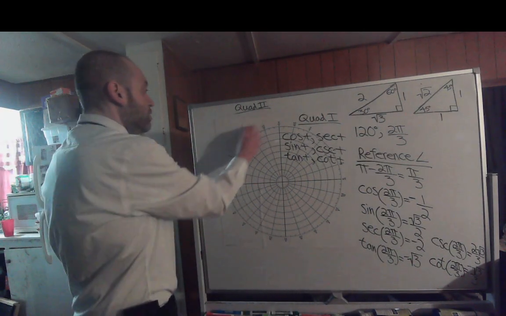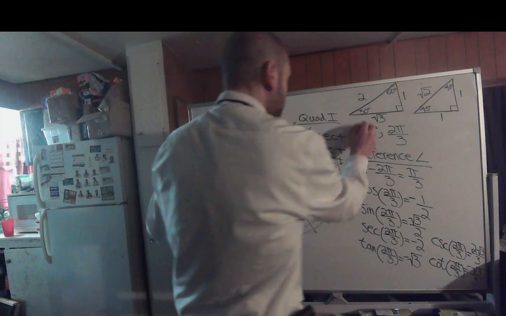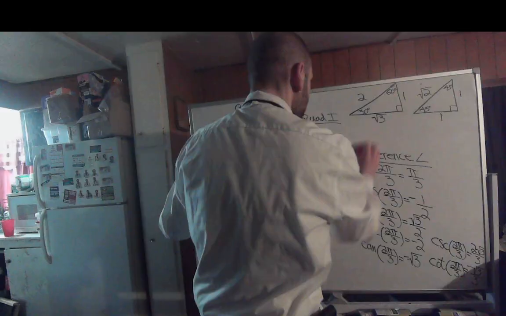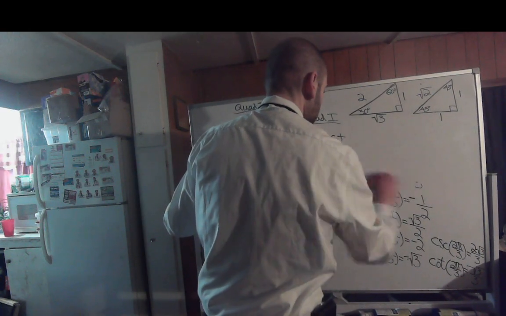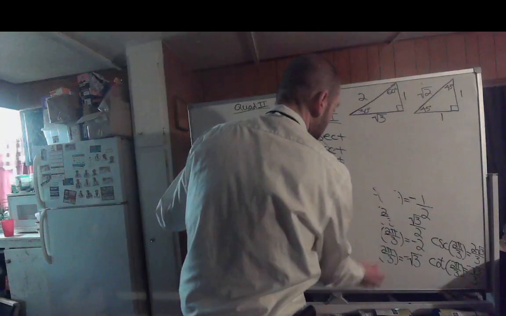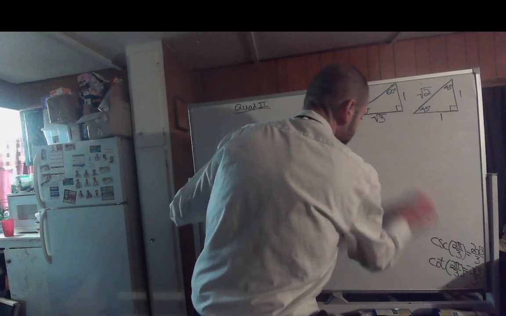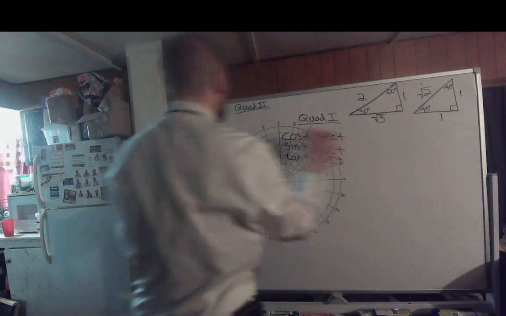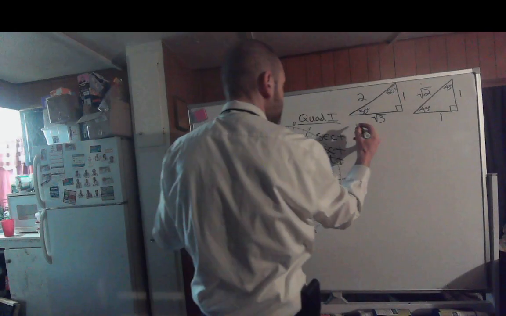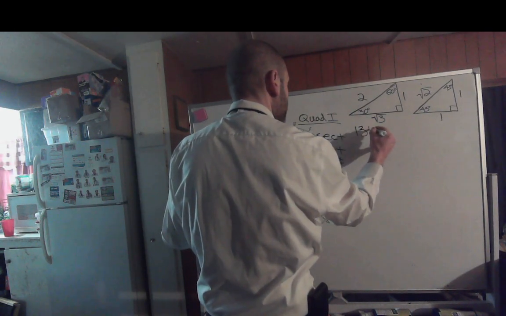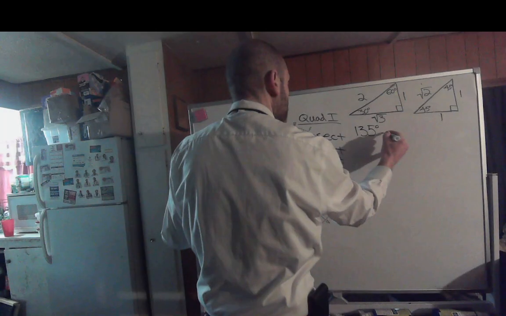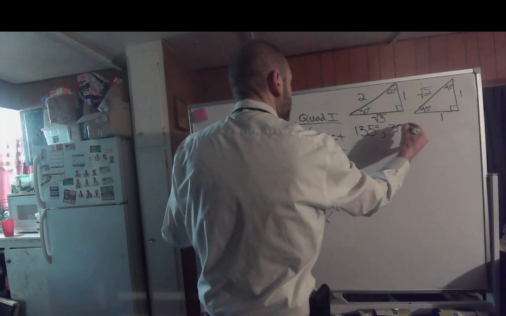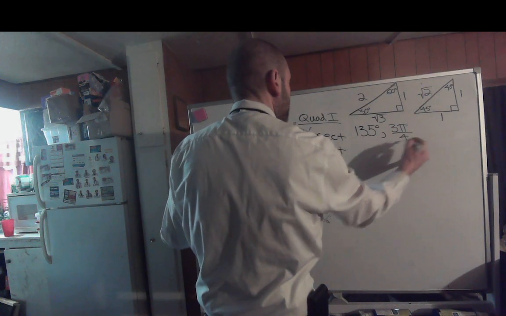Now, why don't we deal with 3 pi over 4? We'll deal with 3 pi over 4, which is 135 degrees. So let's find 135 degrees, which would be 3 pi over 4.